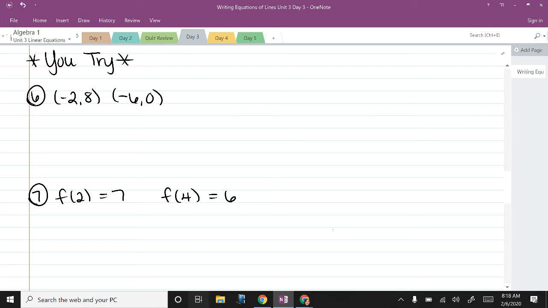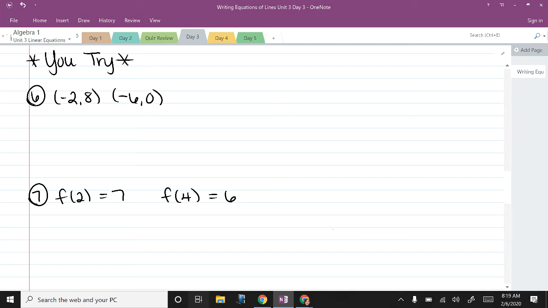Y'all got your equations written? Okay. Y'all finish your equations. Now, if you lose your sheet, you lose your work.